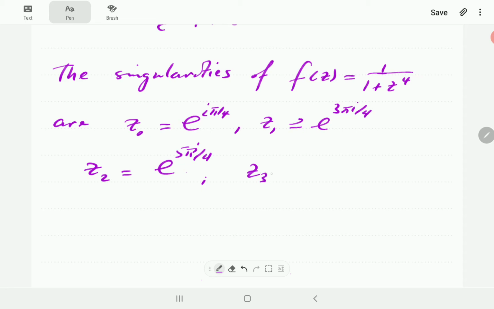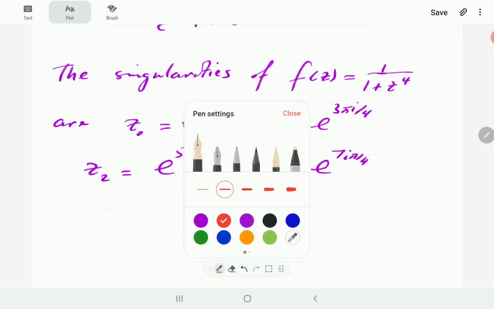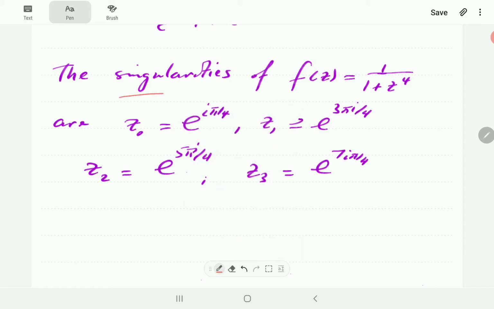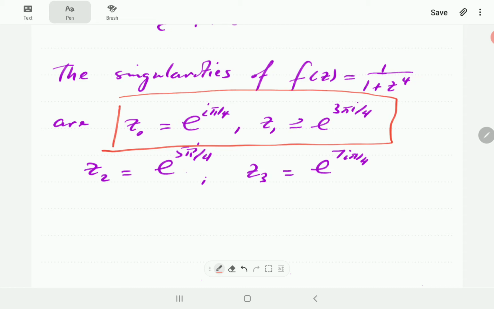And this one is in the fourth quadrant, 7I pi over 4. Now, the ones that are going to be relevant for our calculation are the ones in the upper half plane, which are only these ones. So we need to work out the residues of this function at these two.